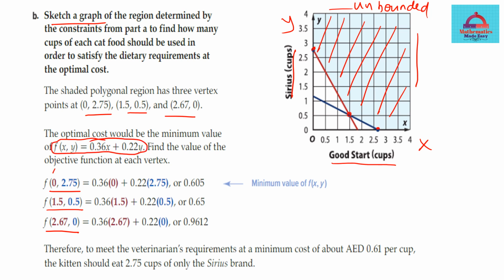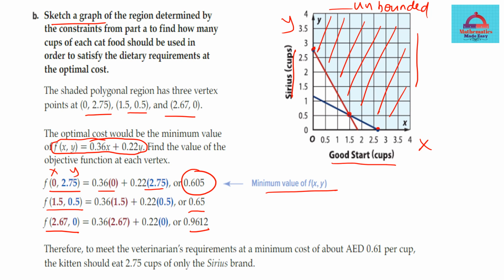So plug in x as 0, y as 2.75, you get this value 0.605, and then similarly put in the values for the other 2 points. And if you compare all of these three, then the minimum value of the objective function is coming at 0.605. However, we cannot say anything about the maximum value because it's an unbounded graph.